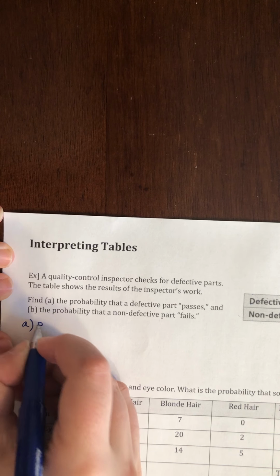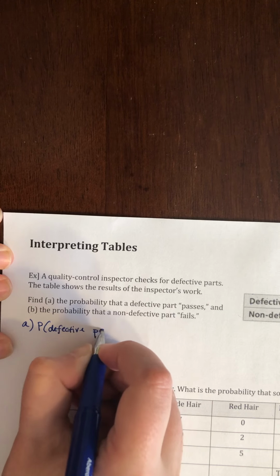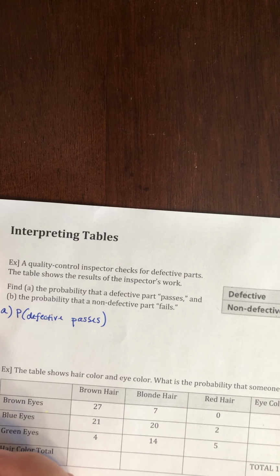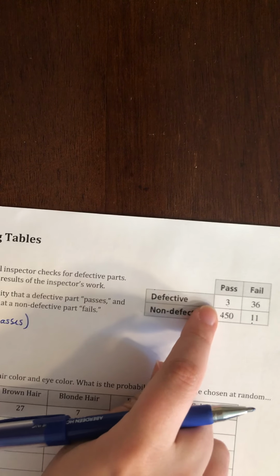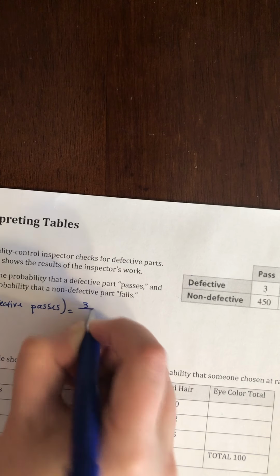So A, the probability that a defective part passes. Well, that happened 3 times. But 3 out of how many?